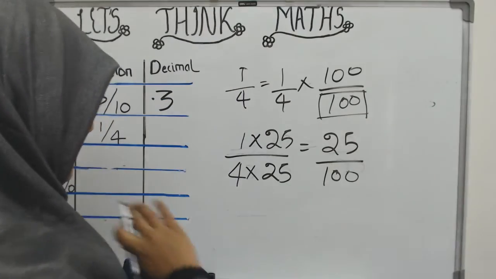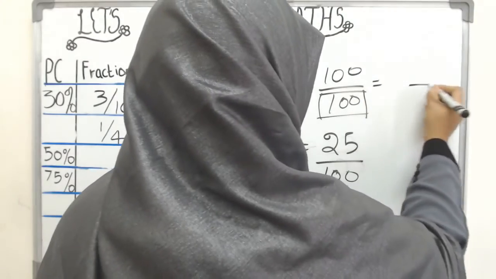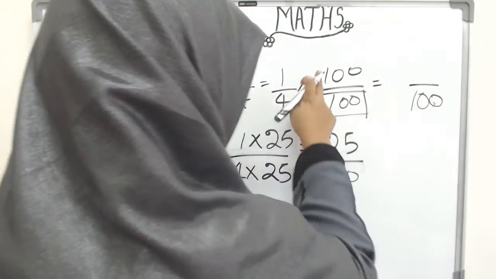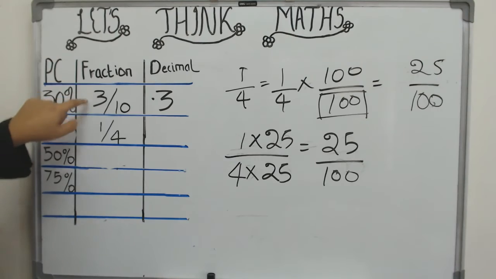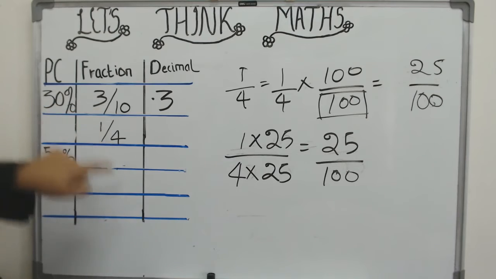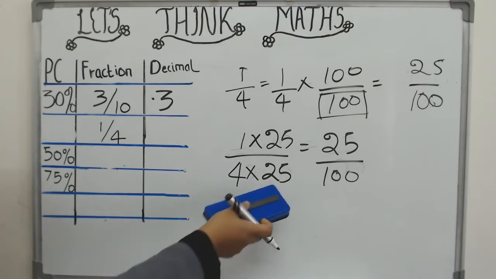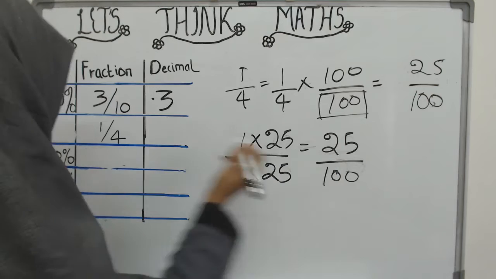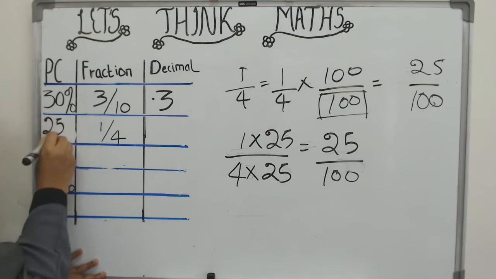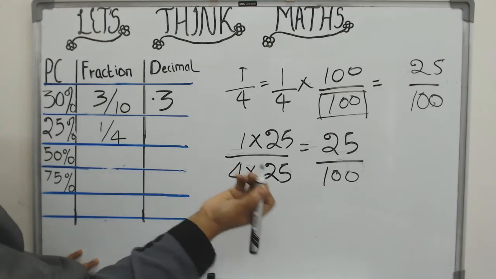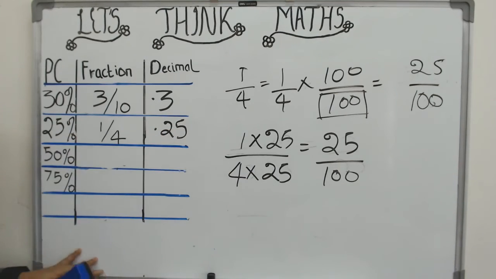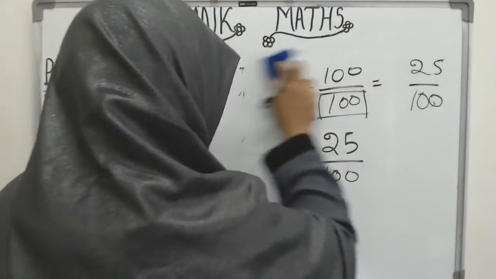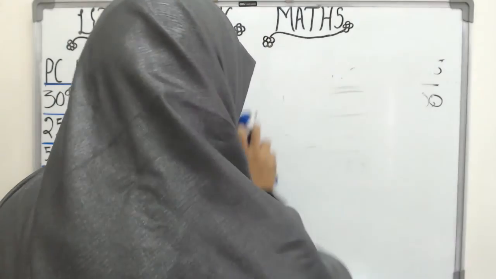So as I said, whichever way you go, you just need 100 in the denominator here. Here also 100 divided by 4 would be 25. So now these two are easy because both the denominators 10 and 4 are factors of 100. So you can just directly do this. So this is 25%. And its decimal would be easy, right? Write 25 and move back 2 places. That would be 0.25.